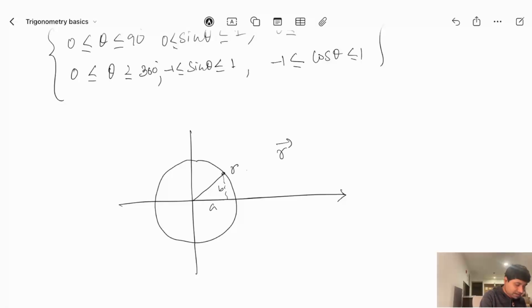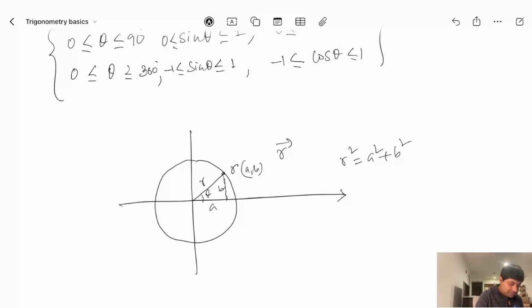So the point R is (A, B). Now using the Pythagorean theorem, R square is A square plus B square, because R was the hypotenuse in the right triangle. But in another sense, I can also represent it if I know the theta.